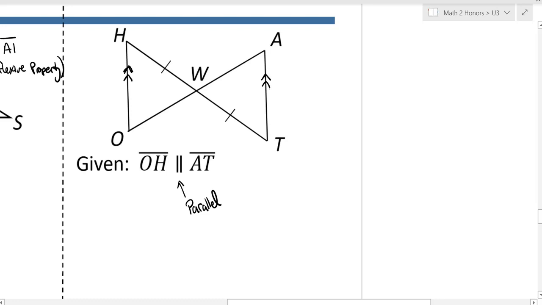That does not mean that they're congruent. I'm going to write that here. So OH parallel to AT does not mean OH is congruent to AT.